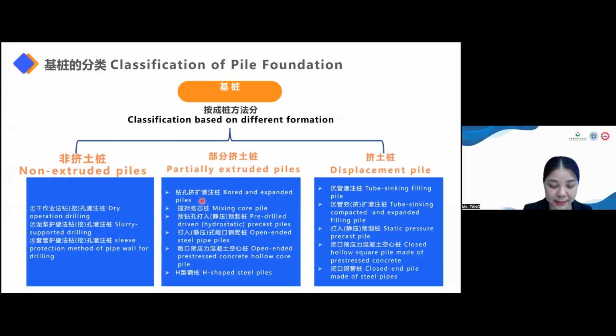Bored and expanded piles, mixed-in cone piles, pre-drilled driven piles, pre-cased piles, open-ended steel piles, open-ended prestressed concrete hollow core piles, and H-shaped steel piles belong to partially extruded piles.